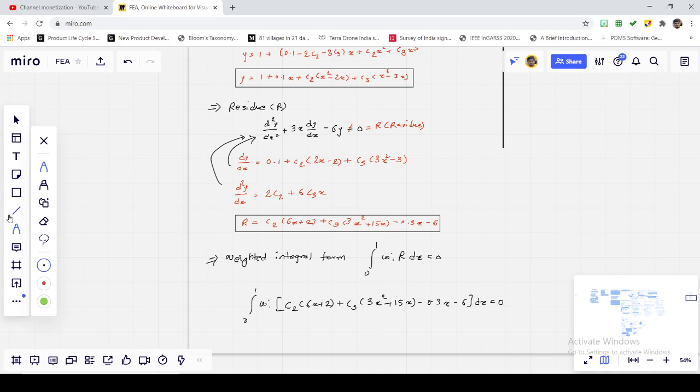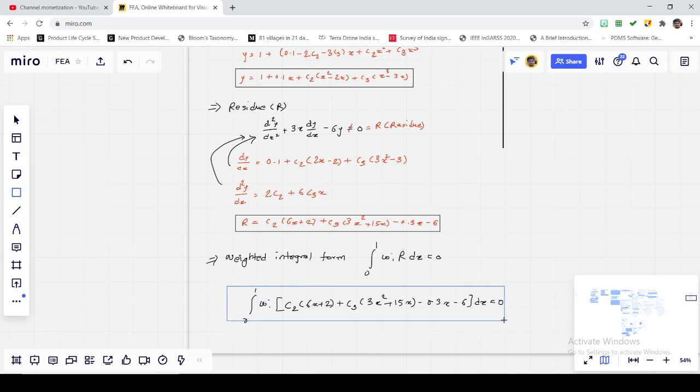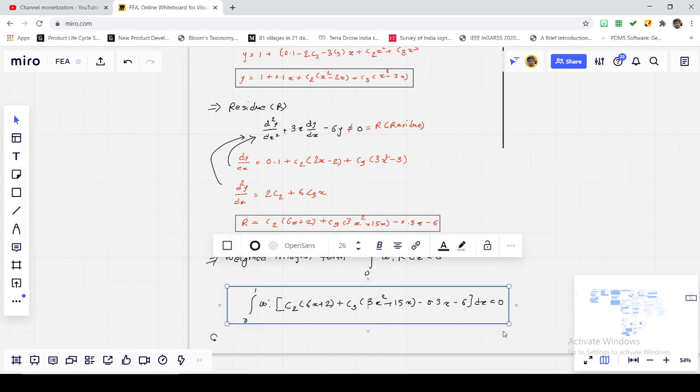Okay, so till this point the steps will remain the same, not the problem, the steps will remain the same. The only difference will be the change of this equation.